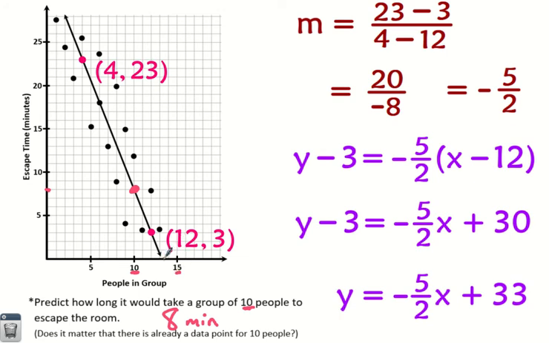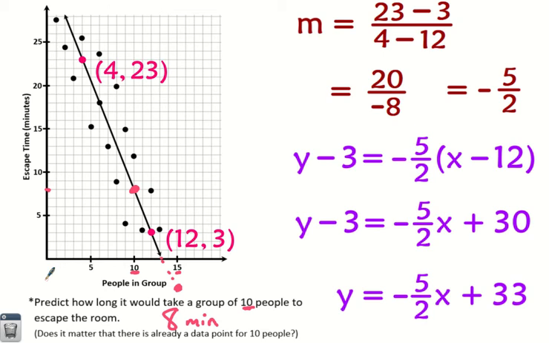And you go on your line and you realize, Mr. Falk, my line says that it would be negative minutes. Look, the point for 15 would be down here, which would correspond with a negative time, which doesn't make any sense.